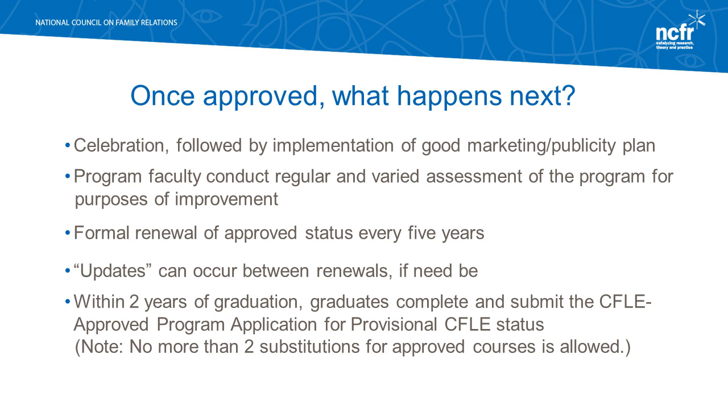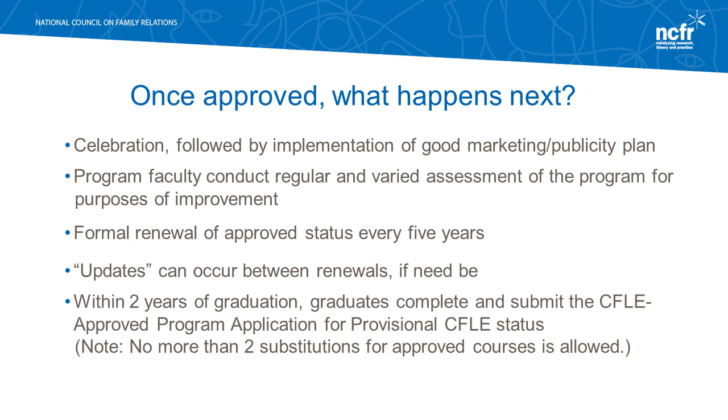We've been seeking to measure the effectiveness of what we are doing and are able to now speak to what we've accomplished. Updates can occur between renewals if need be.